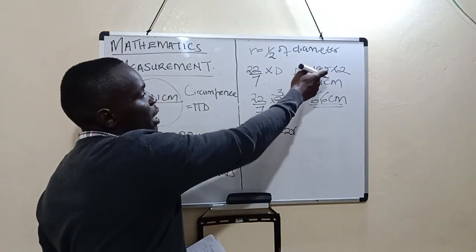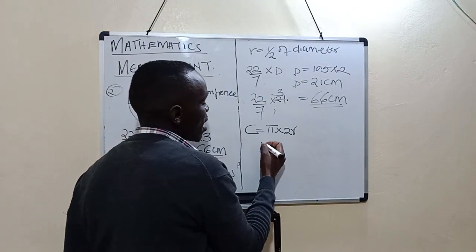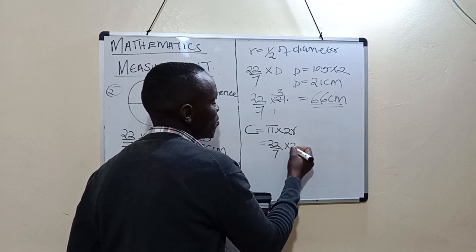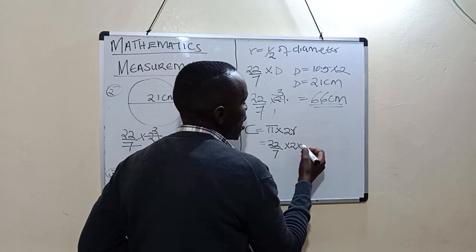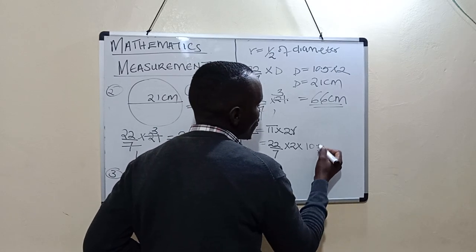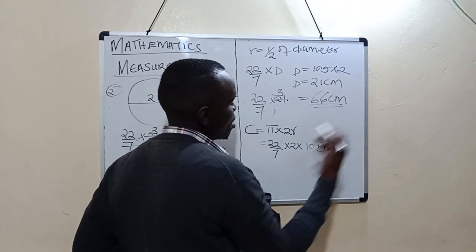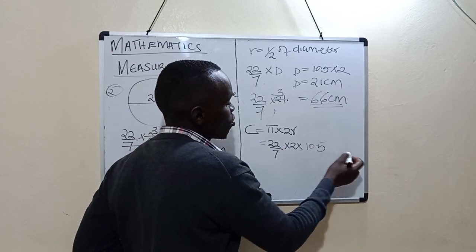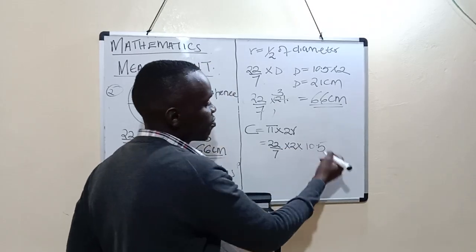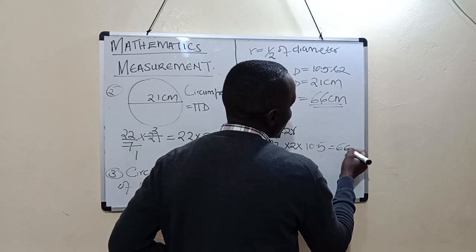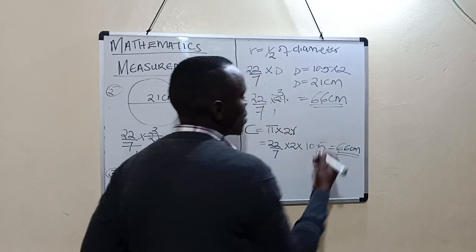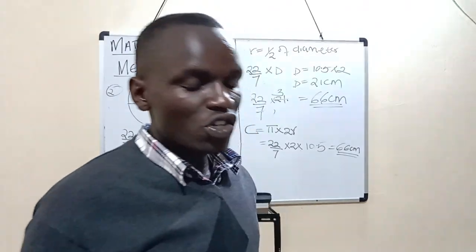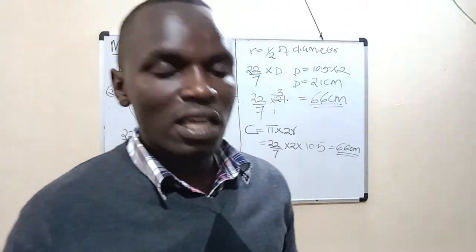So instead of multiplying it directly here, you can say pi, which is 22 over 7, times 2 times the radius, which is 10.5. Then you work it out directly: 10.5 multiplied by 2 gives you 21. Then you divide, and again you have 66 centimeters.